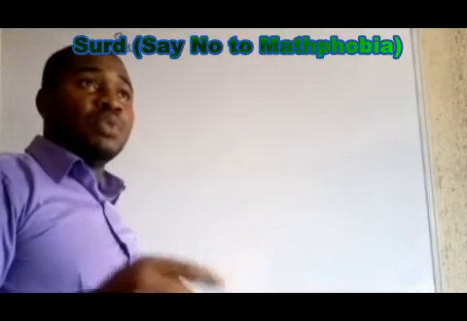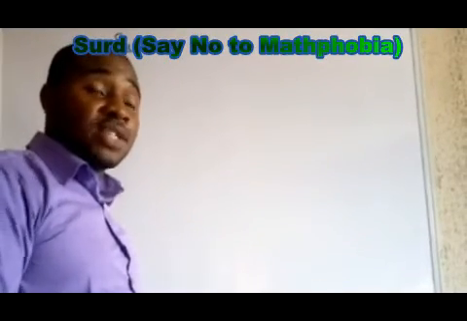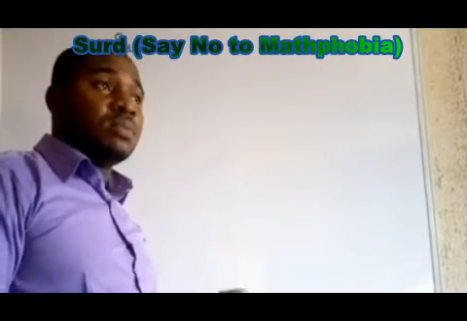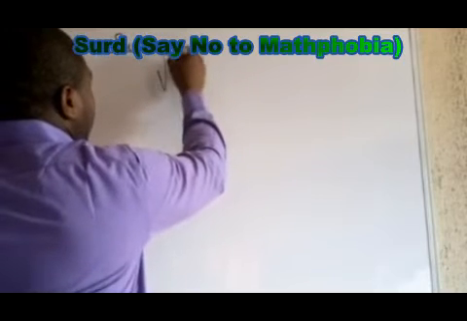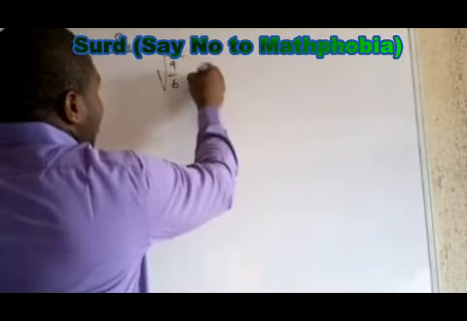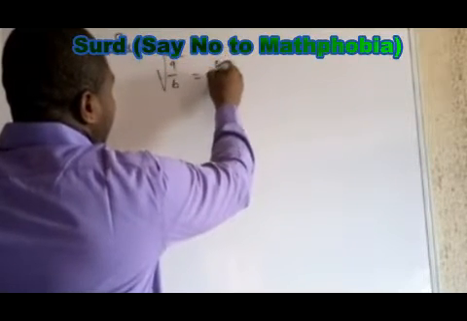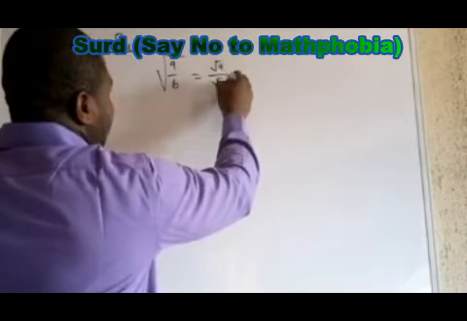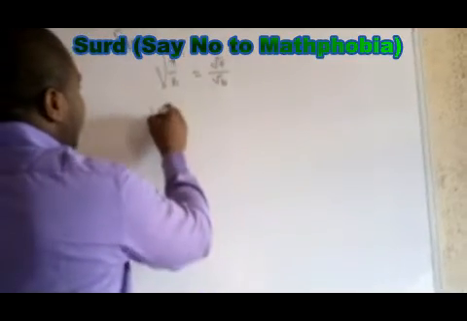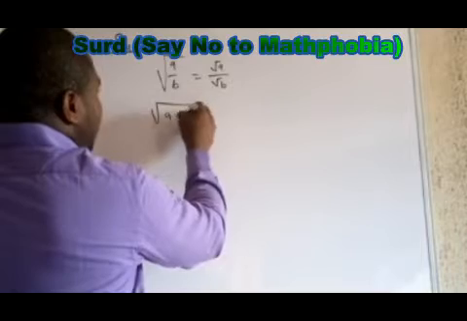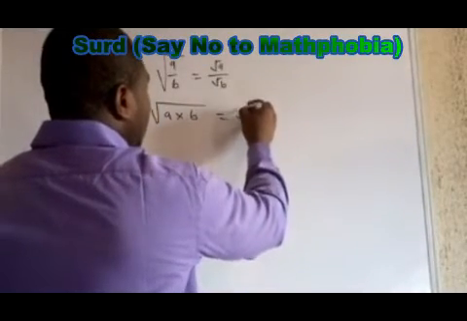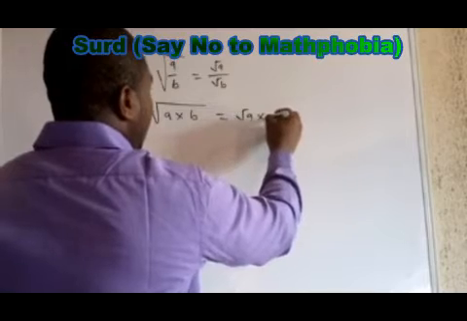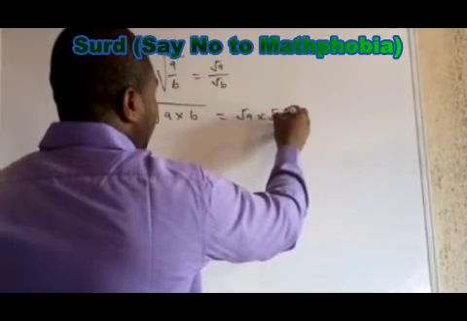Before we go to multiplying a surd by its conjugate, there are some representations of surd. When you have a surd in this form, root of a over b is the same thing as root a all over root b. Similarly, if you have root of a multiplied by b, then it's the same thing as root a multiplied by root b.